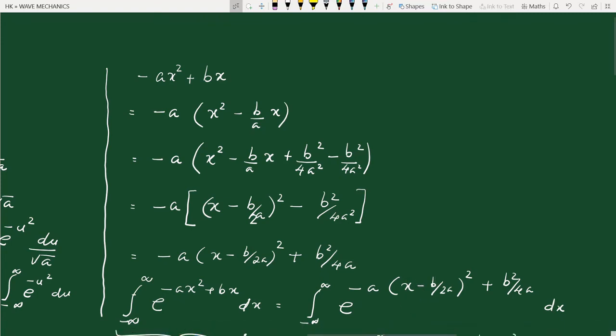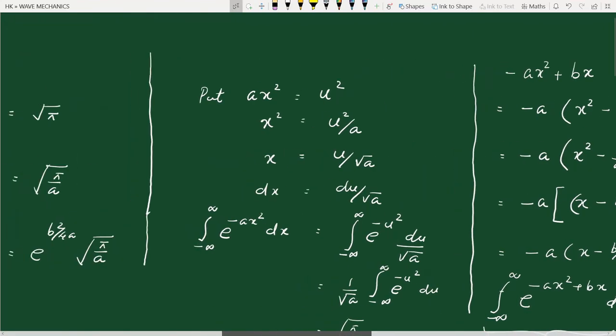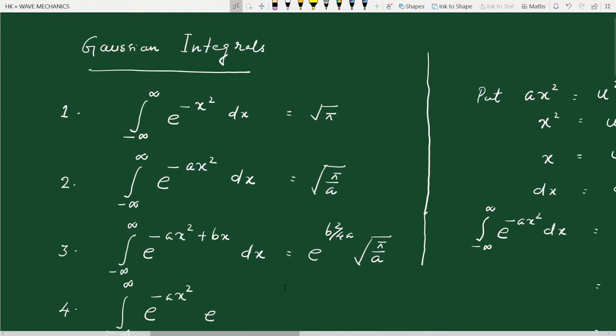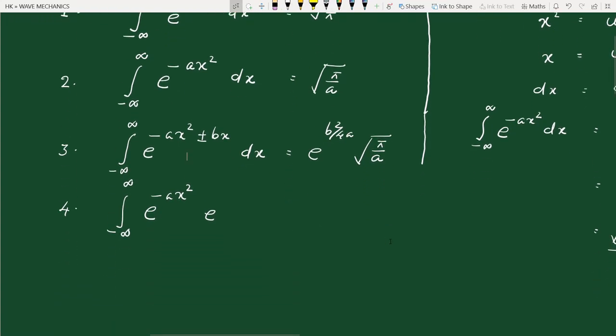Okay, so now we can get a slightly more general expression here. I can say that the integral of e raised to minus ax square plus or minus bx is equal to e raised to b square by 4a times root pi by a.